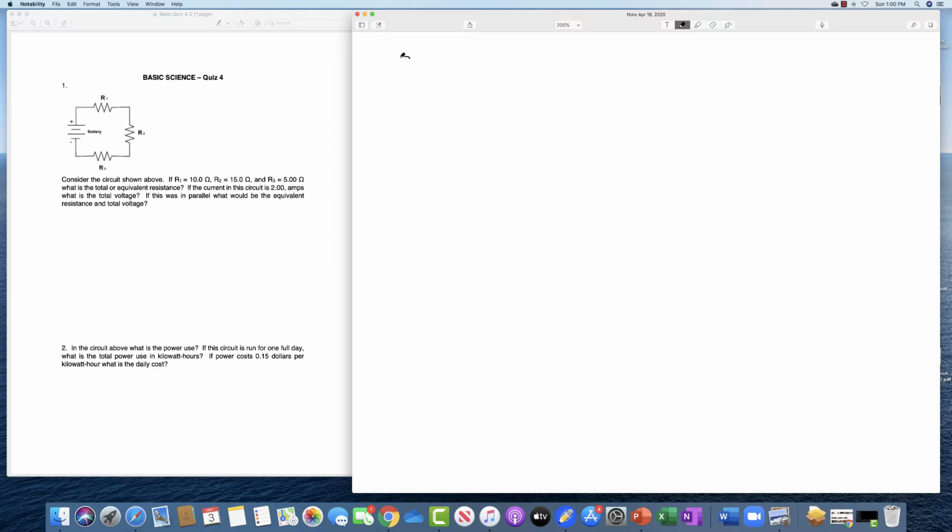And the equivalent resistance in a series circuit is equal to the sum of the resistances in that circuit, however many there are. In this case, there are 3. So you have 10 plus 5 plus 15. So the total here is 30 ohms. So the equivalent resistance, or the answer to the first question, is 30 ohms.